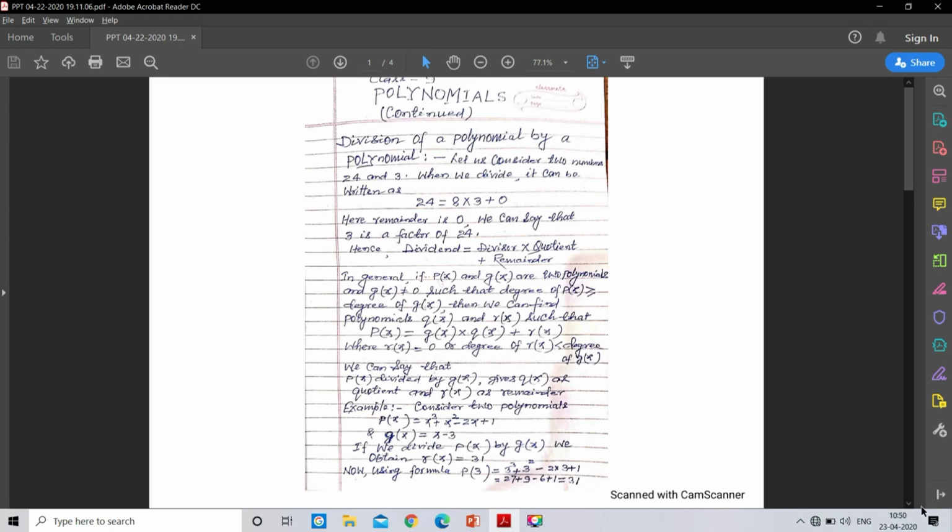We can say that p(x) divided by g(x) gives q(x) as quotient and r(x) as remainder.